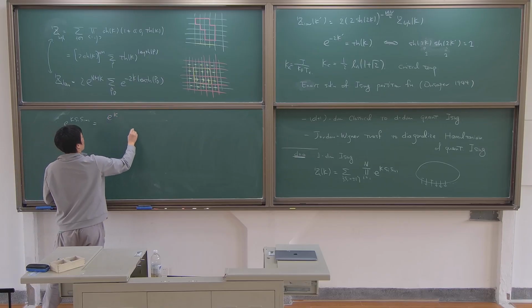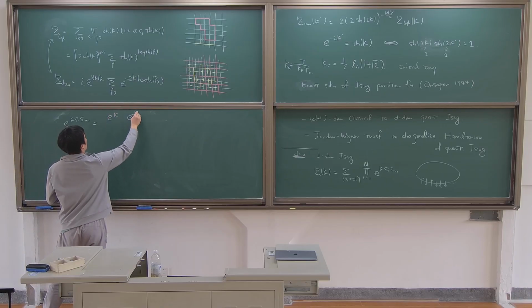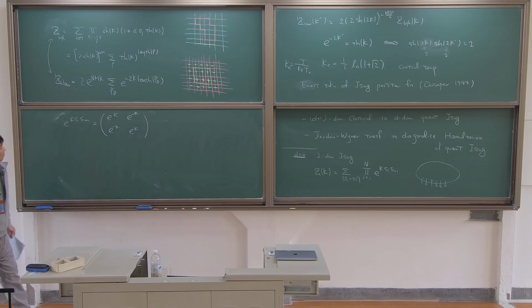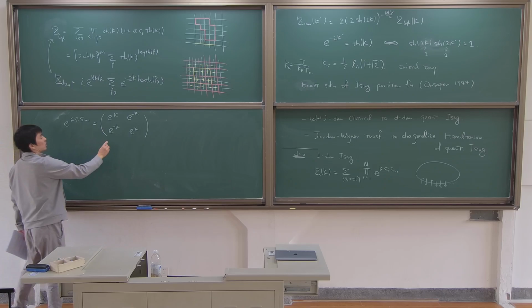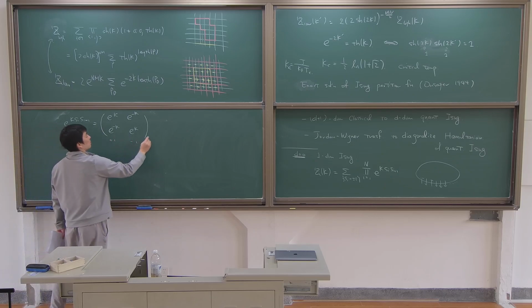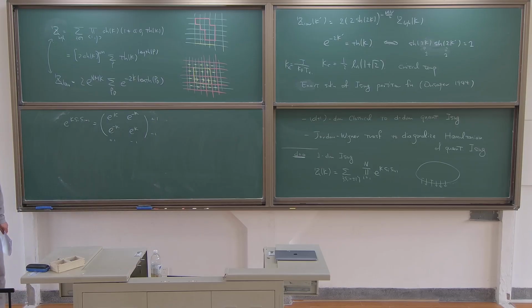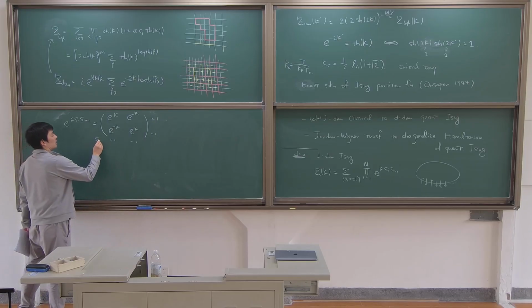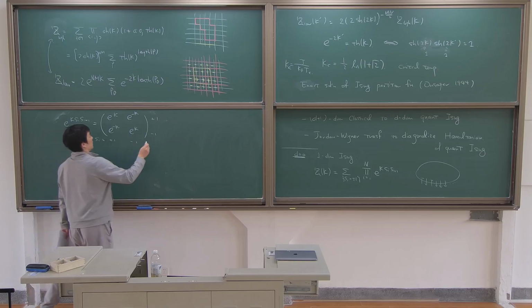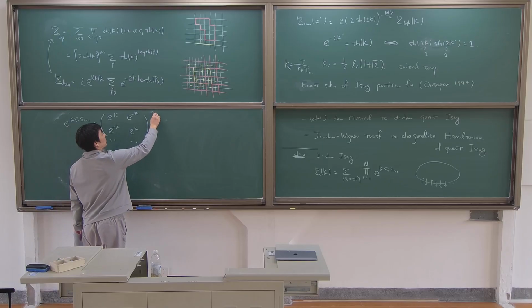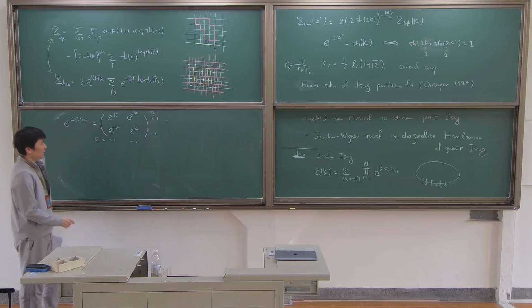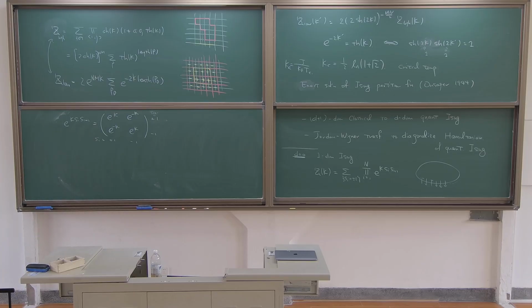can be understood like this way. Because Si can take +1, -1, -1, +1. Okay, if Si, say this one is Si, and this one is Si+1, then you can have this kind of 2 by 2 matrix.